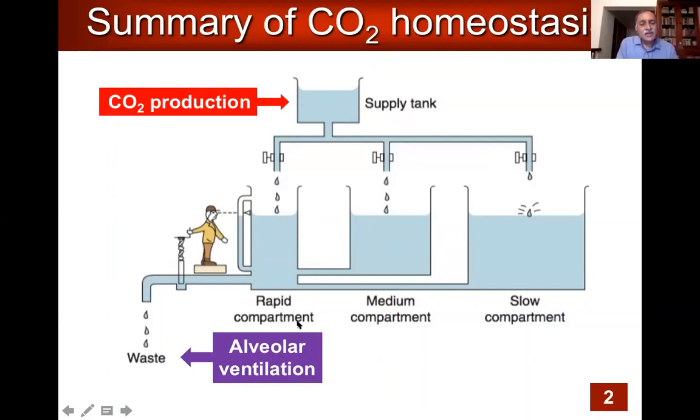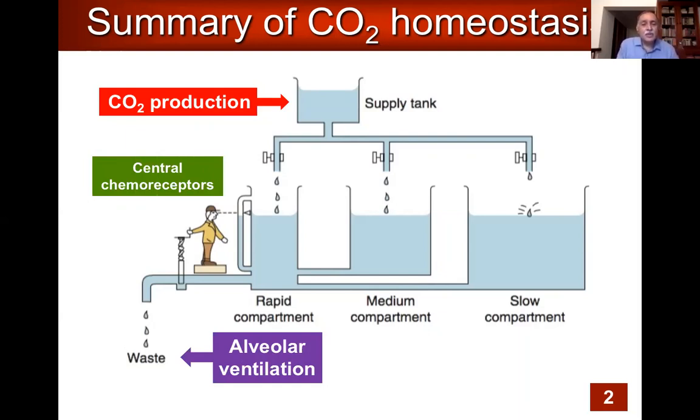The excretion of the carbon dioxide is controlled by the alveolar ventilation. What is shown here as the drops of waste being emptied. And what is controlling this? The tap here is being controlled by what is called the central chemoreceptors, which are constantly watching the carbon dioxide levels, along with the chemoreceptors situated in the aorta and the carotid arteries.